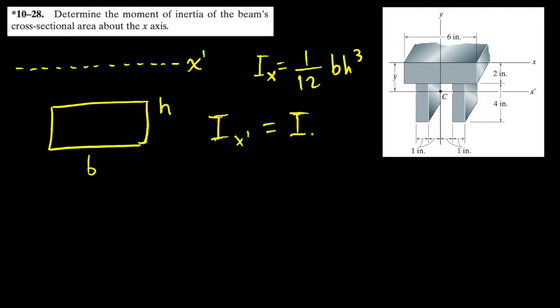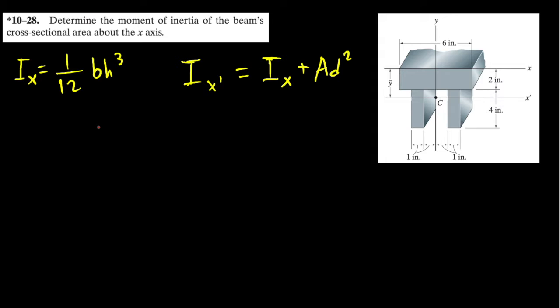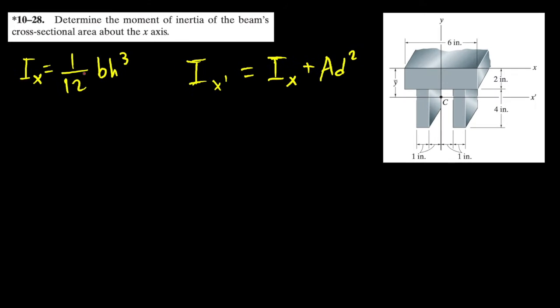So that will be shown with this I sub x, and we will add the value area times d squared to this quantity, where d is defined by the distance between that axis and the center of mass of the rectangle. And this is called the parallel axis theorem. This doesn't apply just for rectangles. It applies for any shape. So now let's take these equations and apply them to our system.